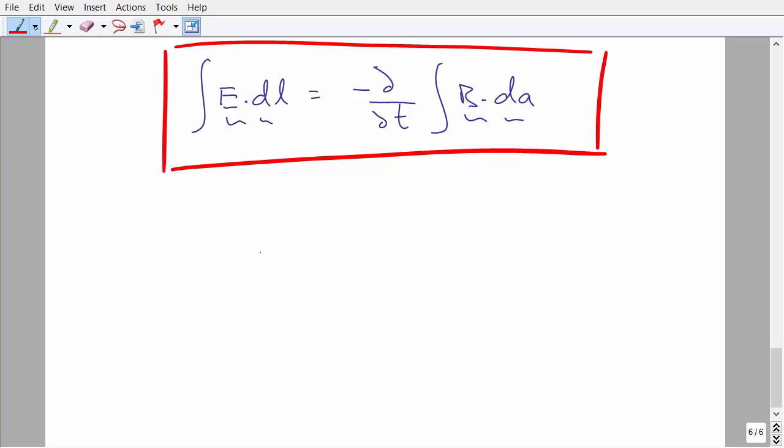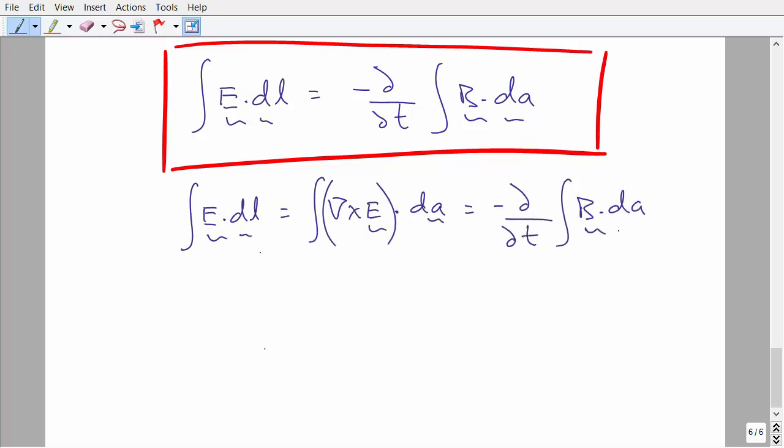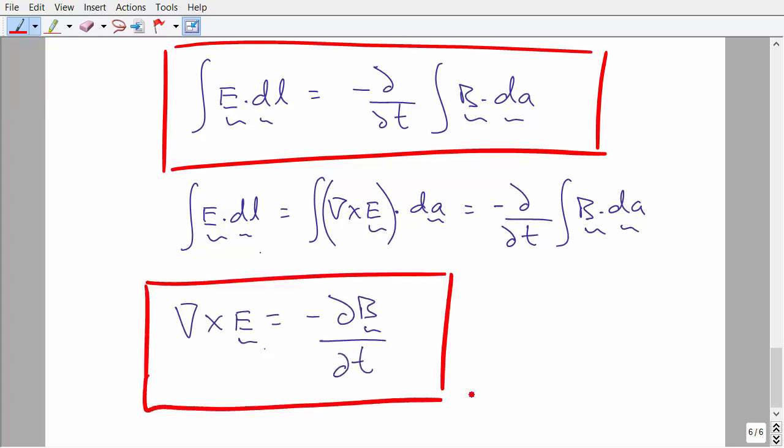I can now use Stokes' theorem to rewrite the electric field equation in the following way. We have rewritten the integral around the loop, the integral of E dot dl, as a surface integral using Stokes' theorem.